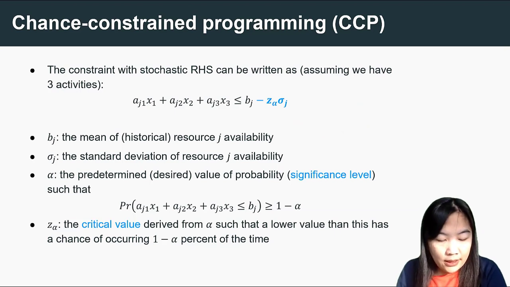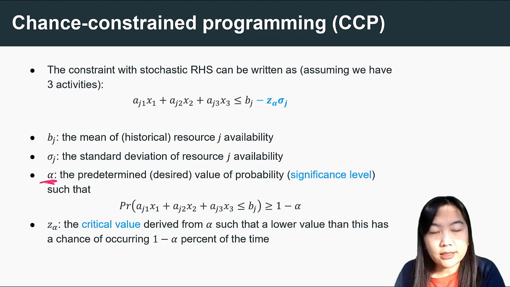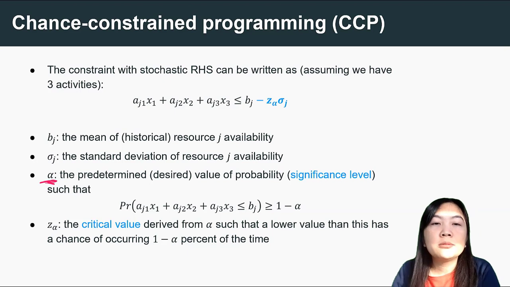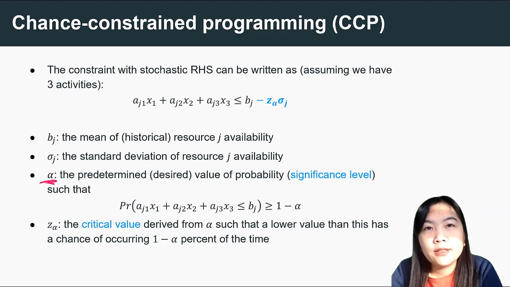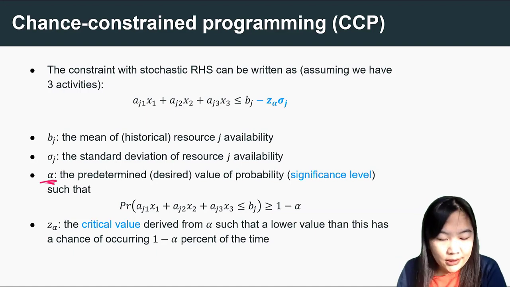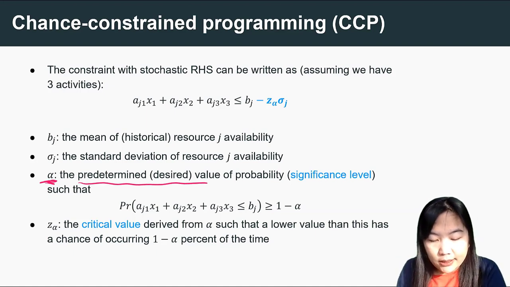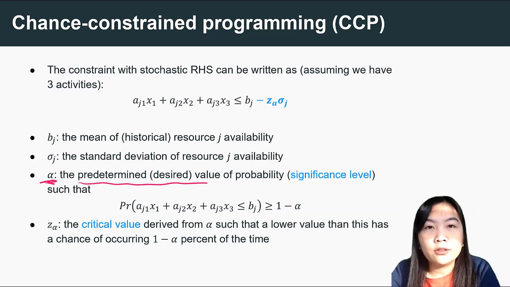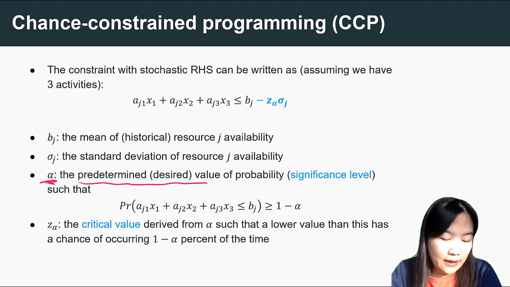So alpha is a statistical term that is the significance level, if you have taken a statistics course. And this alpha is a predetermined value of the probability. That means it is you, the decision maker, who decides this alpha level.